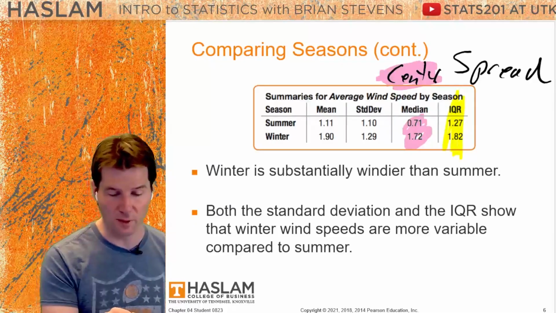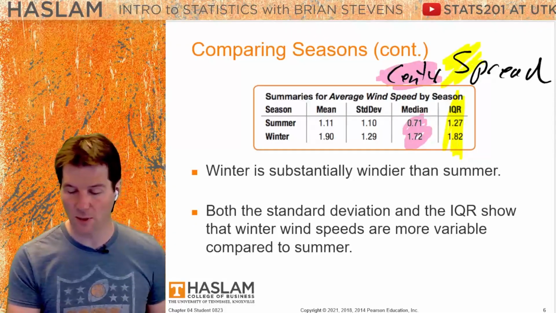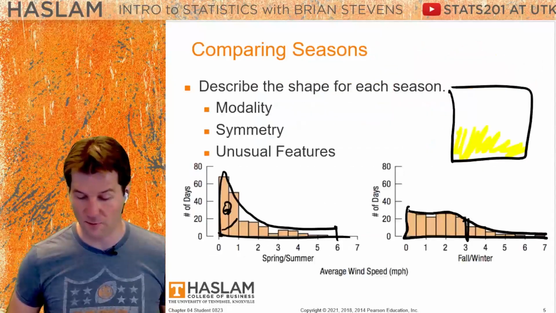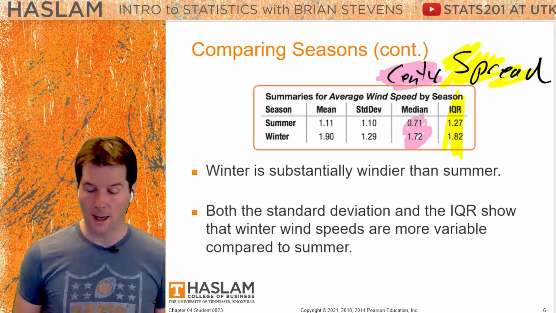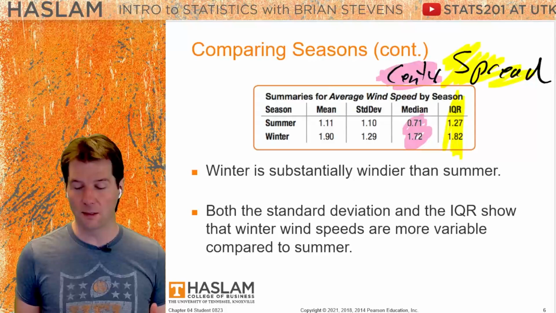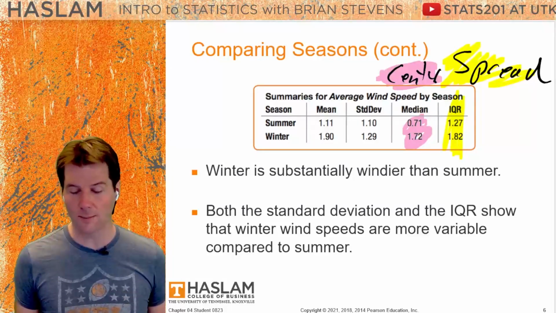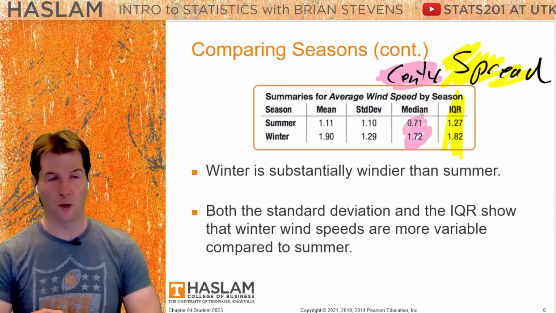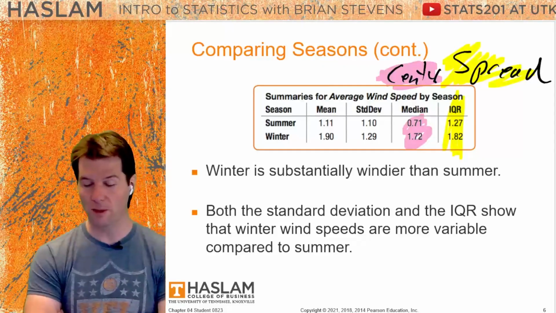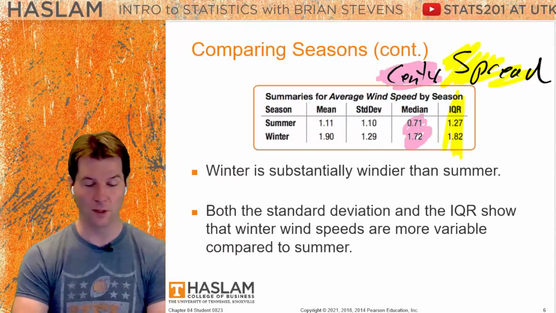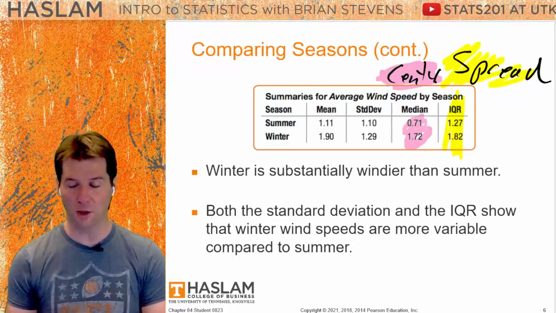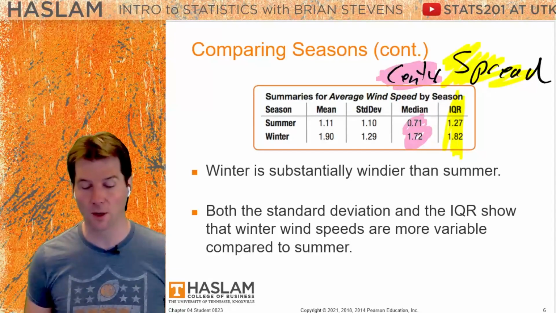Think about what we've learned from this. Wind speeds are typically higher during the fall/winter, and by typical we mean the median, because this is right skew data. And the IQR is going to show us that they have more variation. The middle 50% is more spread out for the winter wind speeds, based on the IQR being 50%-ish larger than the summer IQR.